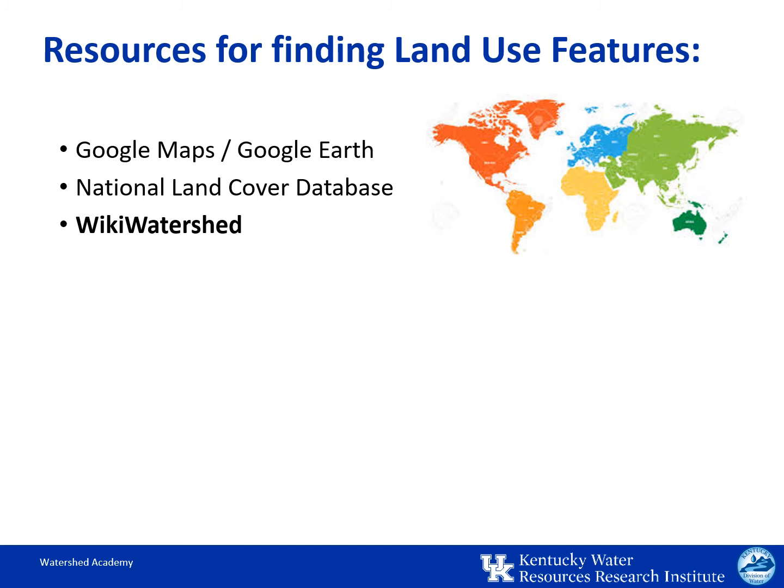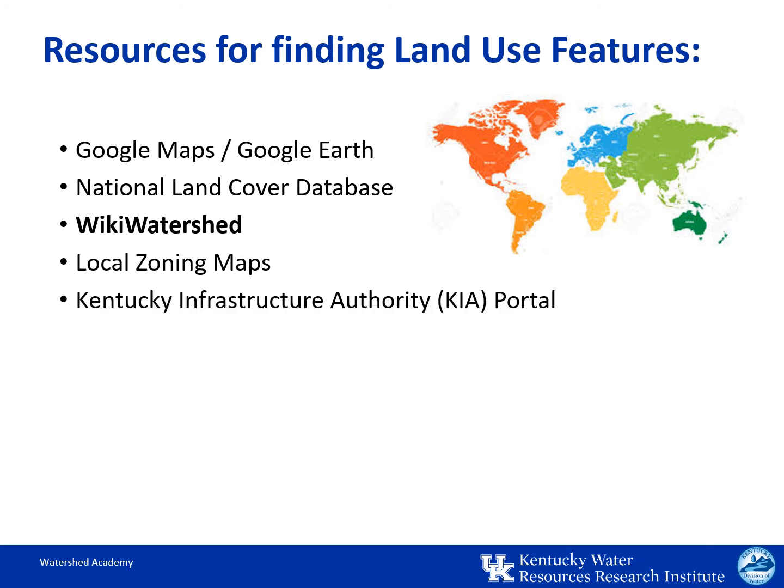Wiki Watershed is a watershed modeling web app that provides an easy-to-use interface for finding a variety of helpful information. We'll be delving into this tool next. Local zoning maps can help watershed planners evaluate potential or likely changes in land use by showing where development is likely to occur, such as in residential, commercial, or industrial zones.